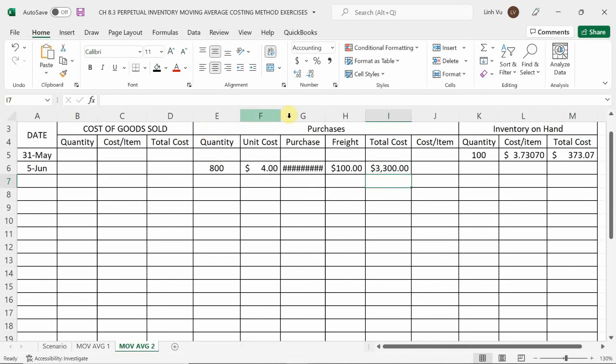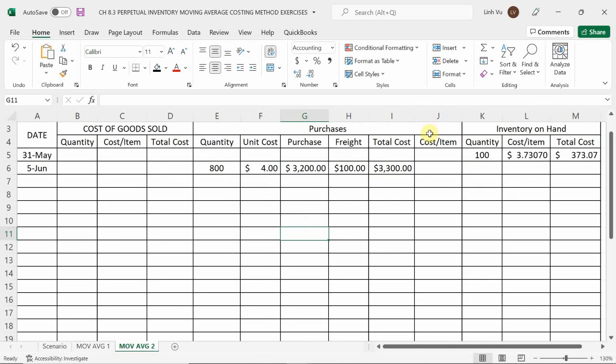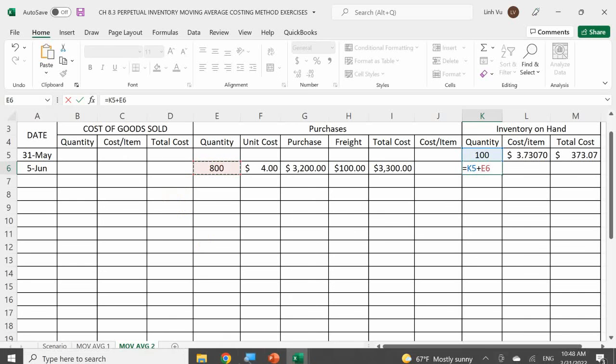Okay. So instead of having to do the calculations here, I'm actually going to calculate it directly into my inventory on hand. I have a beginning inventory of 100. I just added 800 to my inventory.